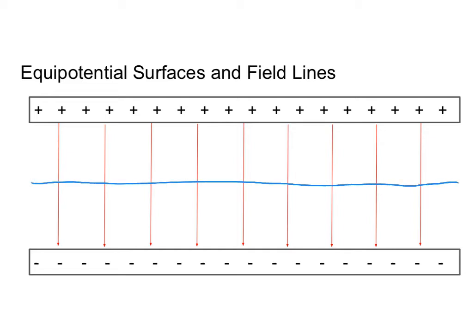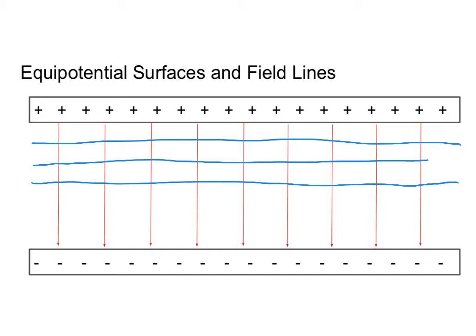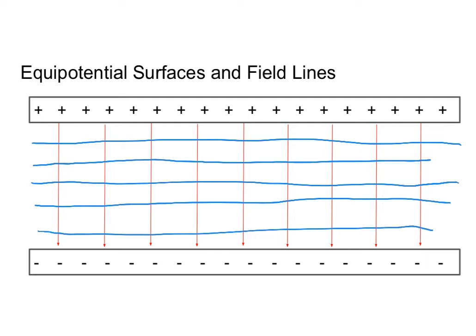At each point in space, I have the same potential if I move horizontally. So it does not take work to move parallel to one of my plates. If I go from point A to point B, I do no work.